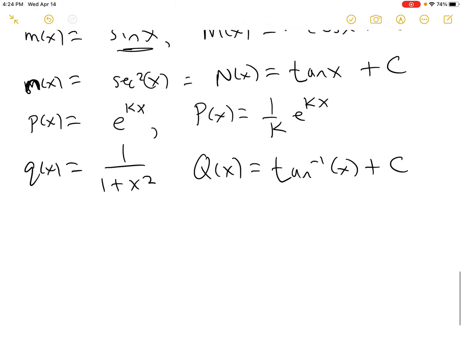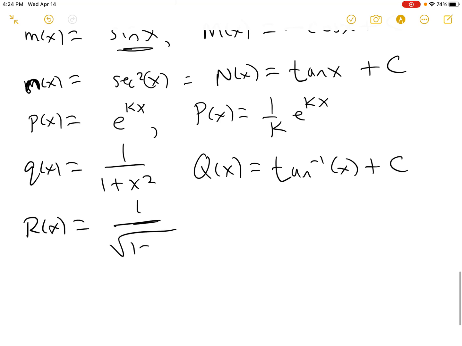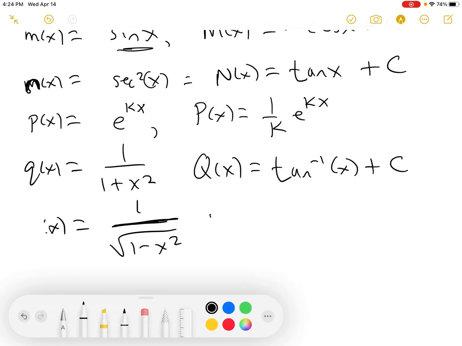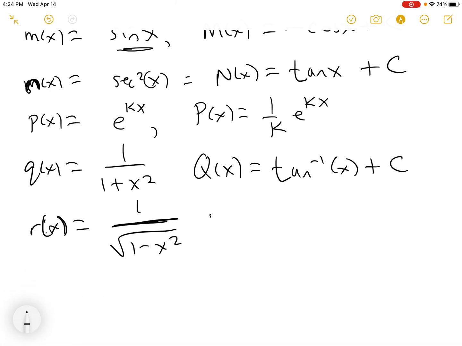Right. And so let's do this. What if we had 1 over this guy? This should be little r. Little r of x, 1 over this, and if you remember, the derivative of sine inverse equals that.